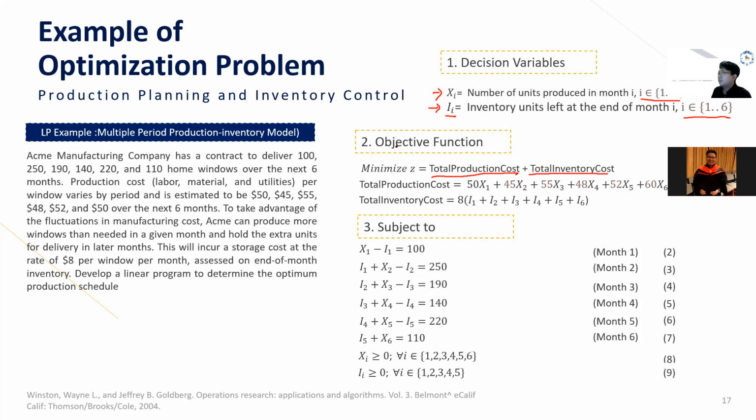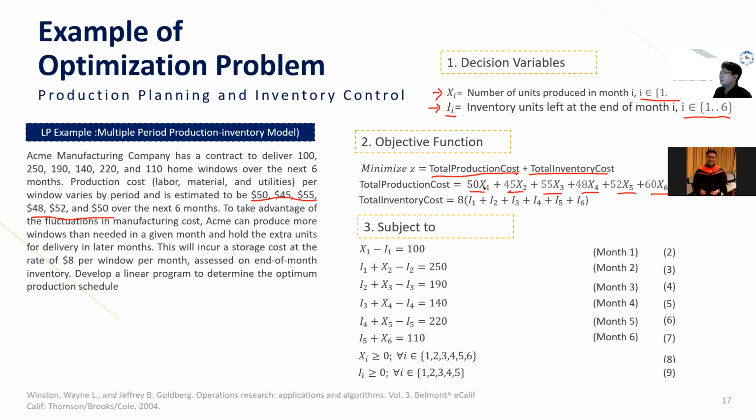For the total production cost, it is mentioned in the problem definition that each month has a different cost. So we can decompose the cost of each month and multiply it by the weight factor, for example, the cost of producing each product every month.